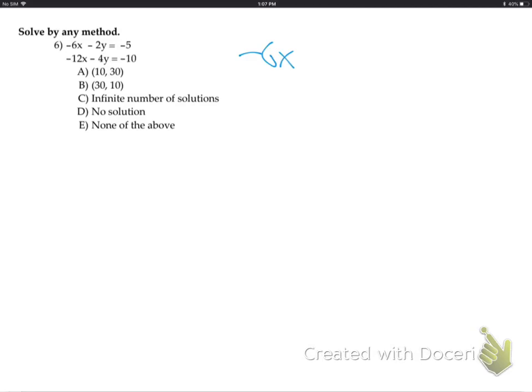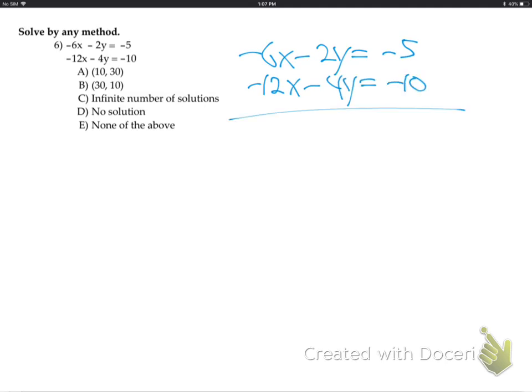All right, minus 6x minus 2y is minus 5. E was wrong, because I put E on purpose. All right, so we got to make those x's opposites, like we did on the last problem. So to make that a plus 12x, everybody see the deal? See how you want to make the x's opposites? That way they'll eliminate. That's what's called the elimination method. So I'm going to multiply through by negative 2.